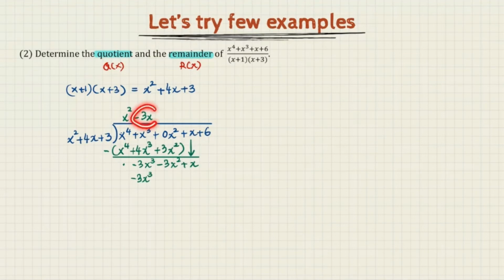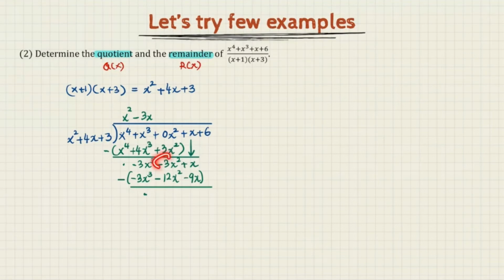And then negative 3x times 4x will be negative 12x square. Negative 3x times 3 is negative 9x. Okay, now we subtract. So negative 3 minus negative 3, negative 3 plus 3, will give zero.